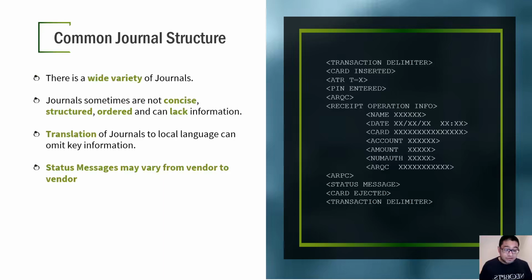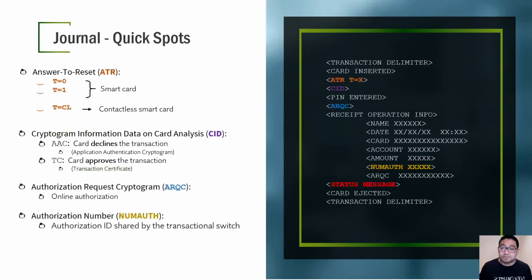When this translation happens, sometimes the financial institution decides that they just need the normal language in the journal, like the words that I dispensed, how many notes, the account, the name, but they get rid of all of the error codes and all of that useful information that is going to be needed when you respond to an incident. These error codes are called status messages, and these may vary from vendor to vendor, and they are really important. And we will see a little bit of that.